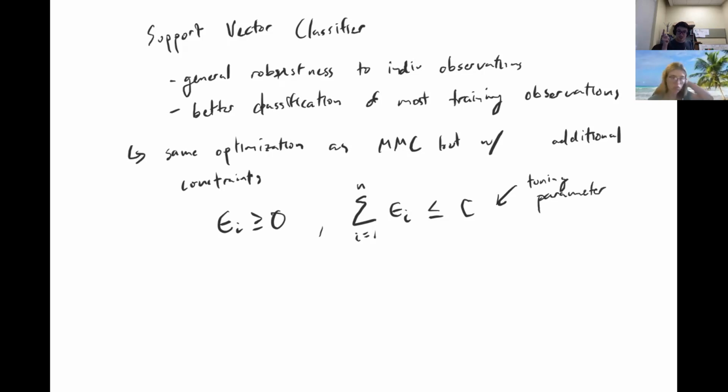And when I say tuning parameter, you should get some warning bells in your head about, oh, how did I choose the tuning parameter? And likely it's going to be through some form of cross-validation.